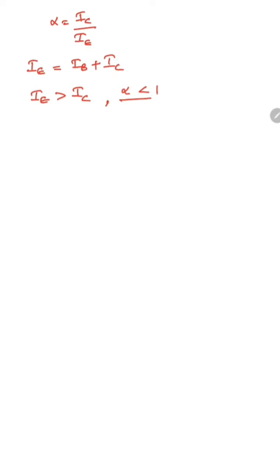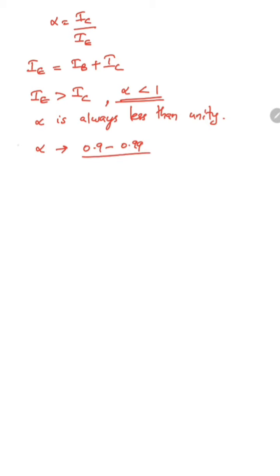So we can say that alpha is always less than unity. Now, practically, the practical values of alpha are in the range 0.9 to 0.99.